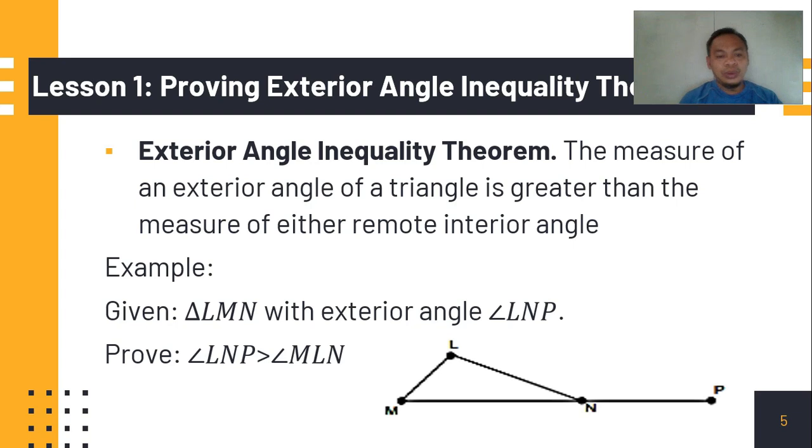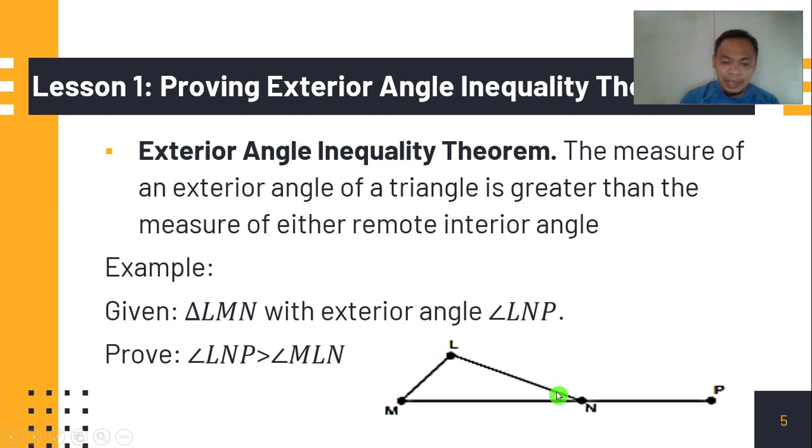Okay, so we have here an example since we're talking about the exterior angle inequality theorem. Given triangle LMN, with exterior angle LNP, prove that angle LNP is greater than angle MLN.